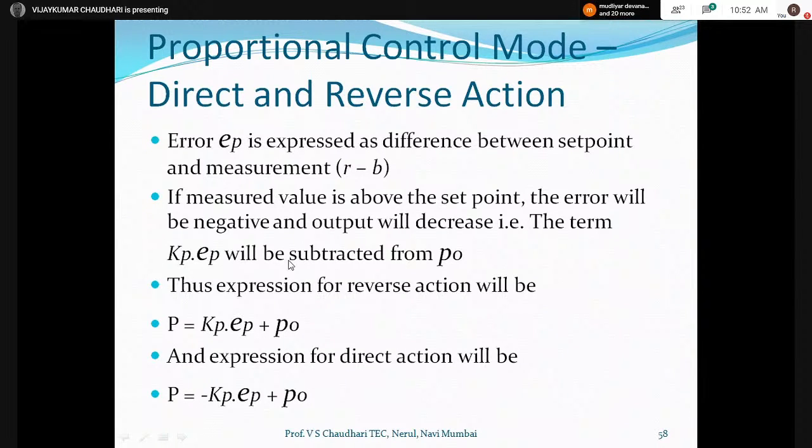So Kp into Ep will be subtracted from P0 for reverse action and will be added to P0 for direct action. So please understand the correction. This is direct action, but it is written as reverse action. So this is proportional control, direct and reverse action.